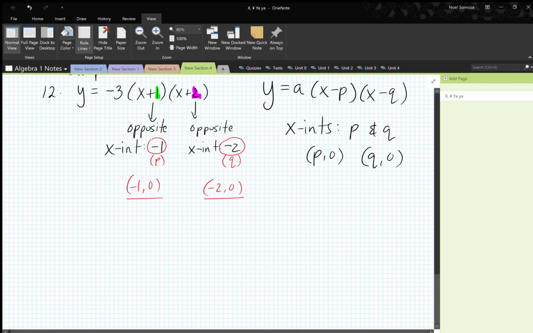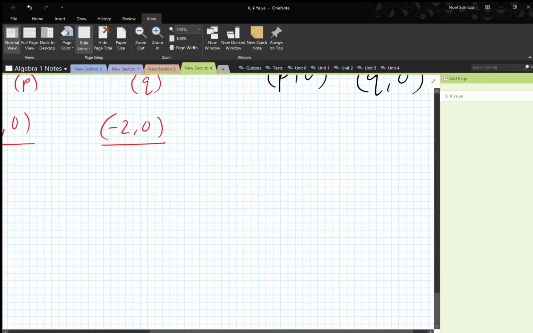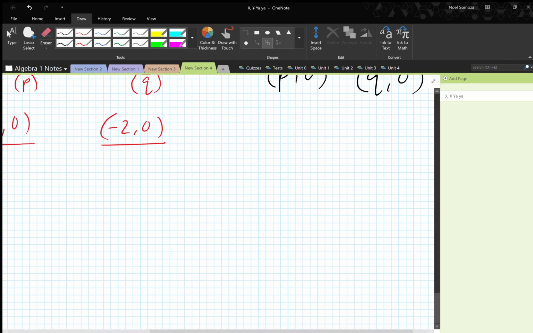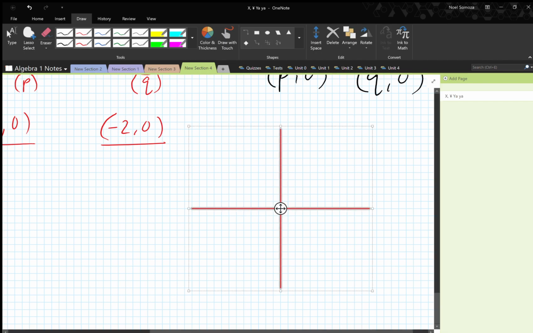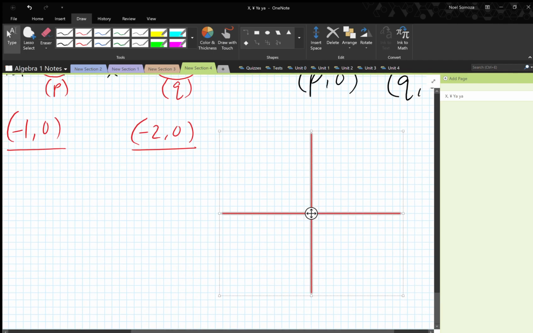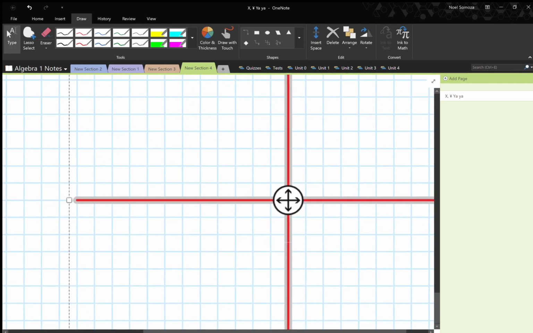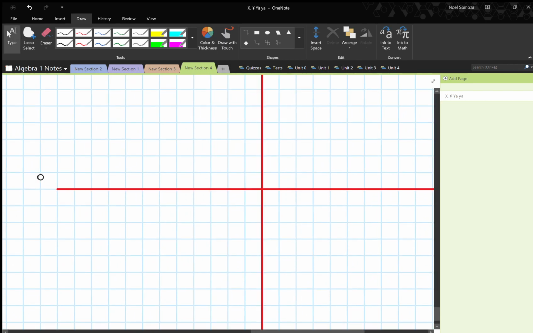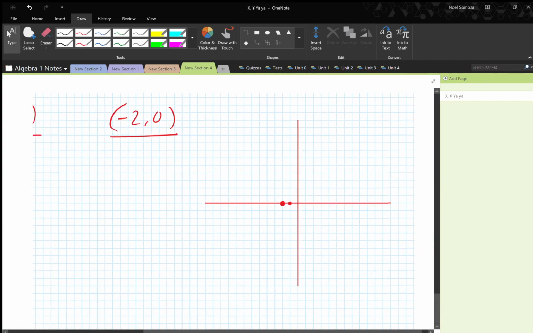So let's do that. We would have one point at negative 1, 0 right here, and negative 2, 0. Those are actually really close to each other.